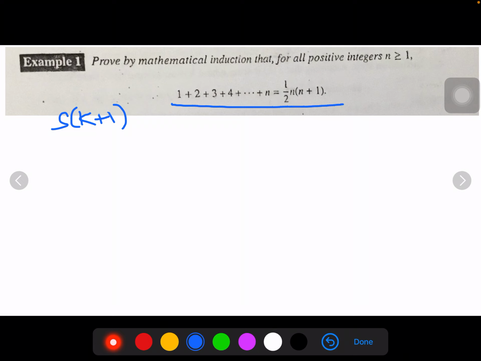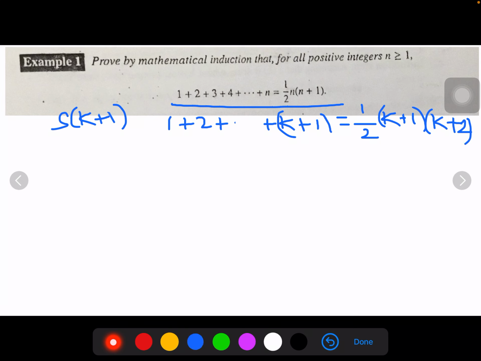When I substitute n equal to k plus 1, it becomes 1 plus 2 up to k plus 1 is equal to 1 by 2 into k plus 1 into k plus 2. This we have to prove.